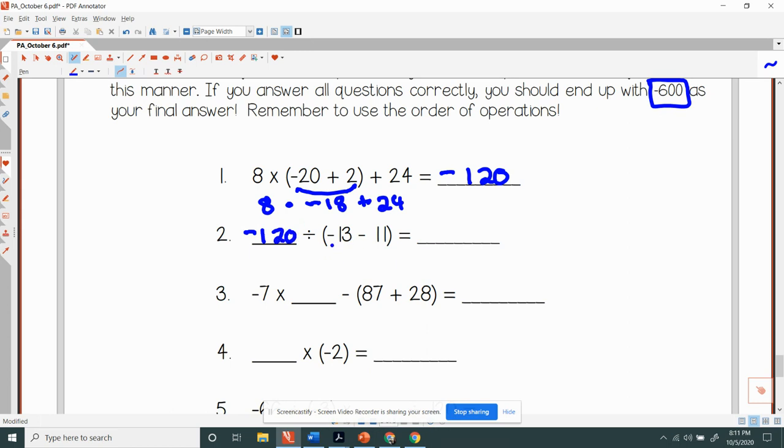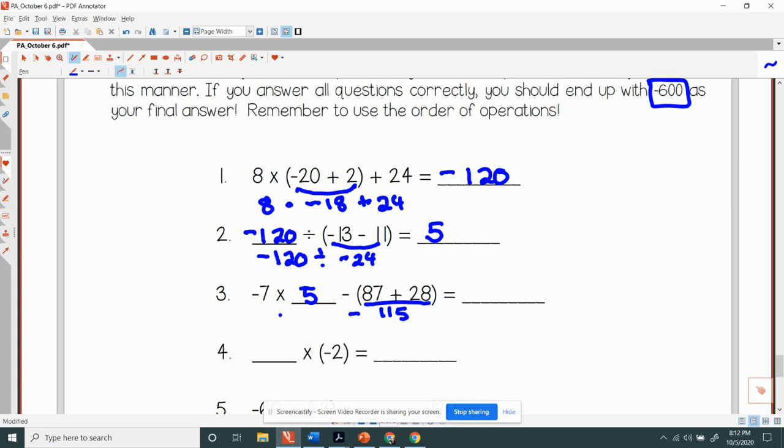Okay, let's work in parentheses first. Negative 13 minus 11 is negative 24. Negative 120 divided by negative 24 will equal 5, and negative divided by negative is a positive. So let's work in the parentheses. 87 plus 28 is 115. So we have subtraction here.